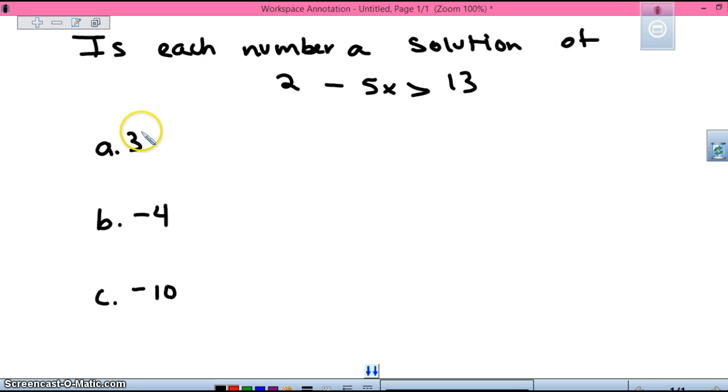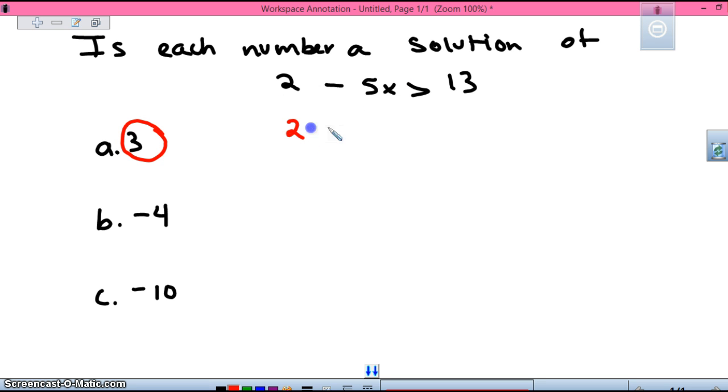So we have to identify by solving if each number is a solution of 2 minus 5x is greater than 13. So repeating myself, if we have to tell if these numbers are a solution of this inequality 2 minus 5x is greater than 13, what do we have to do? We have to take 3 and plug it in, right, or substitute for x.